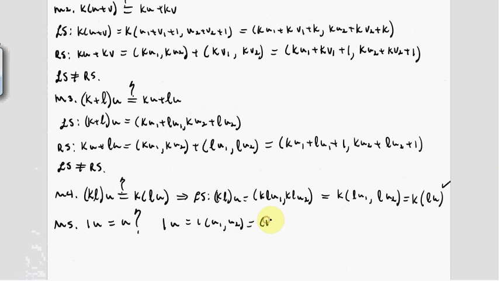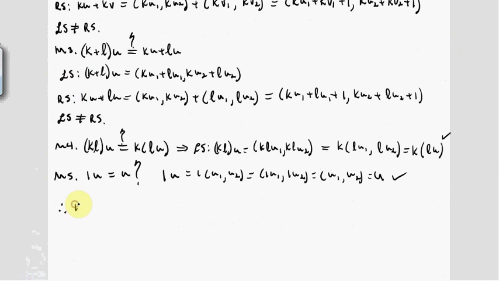So this is 1 u sub 1 comma 1 u sub 2, which is equal to u sub 1 comma u sub 2. That's equal to u. Right? So M5 holds, but notice that M2 and M3 failed, so this is not a vector space due to that.